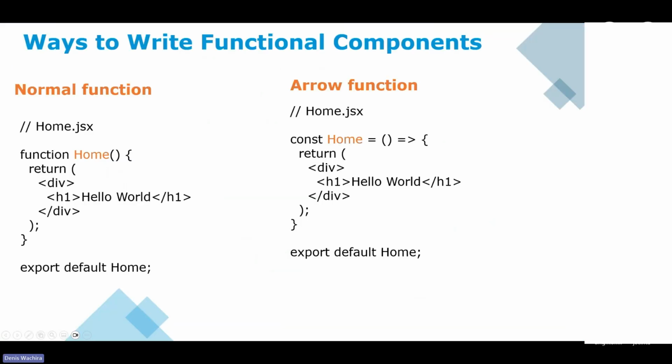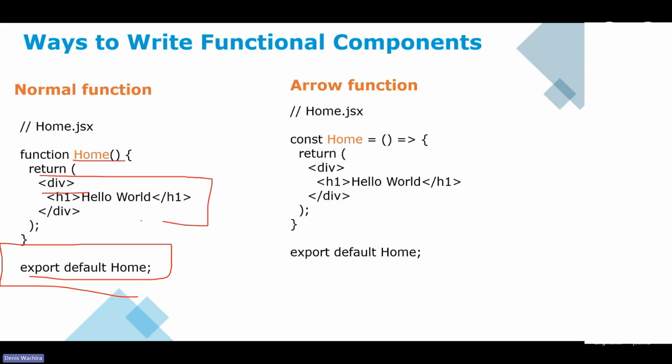So mostly those components are written either in a normal function or an arrow function. So you write a function like this, and if you want to use that function, remember you must export that function. So it's just a function that is returning JSX, whatever you have here. If it's an arrow function, the same, the function name, make sure to indicate it's an arrow function with this equals and greater than.